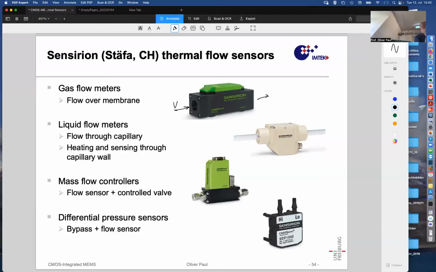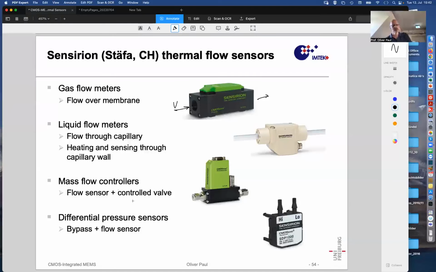It has to be some EC validated material. That steel is definitely the case. So this is meant by heating and sensing through capillary wall. The heat is transmitted through the wall from the sensor to the inside of the capillary, and then out again through the wall.